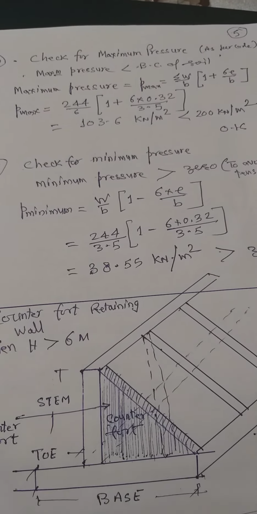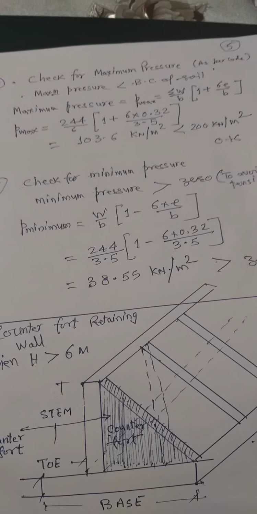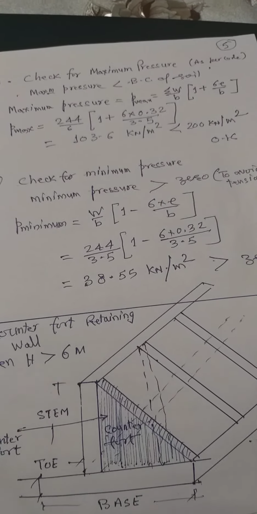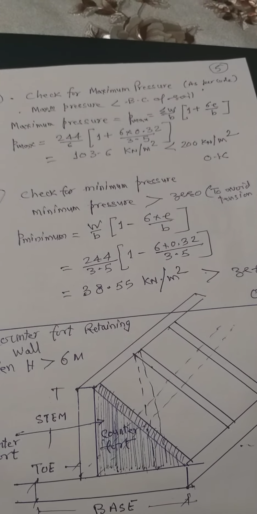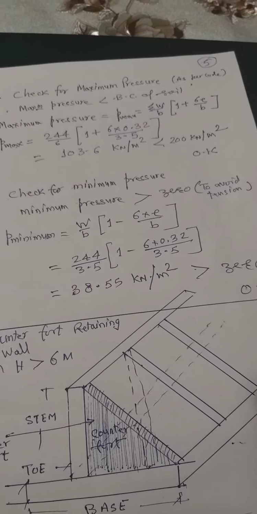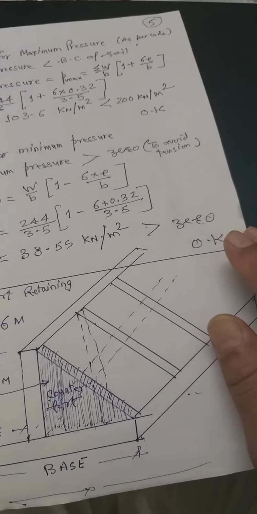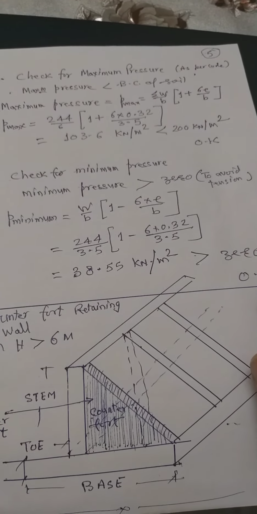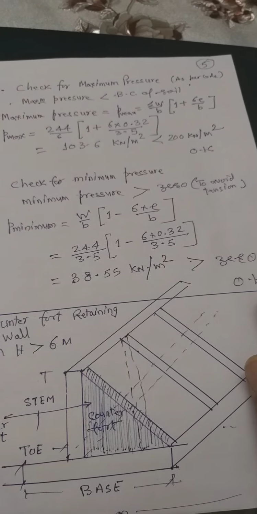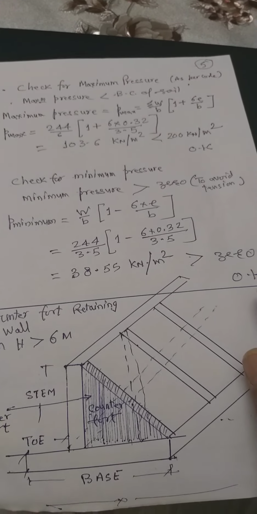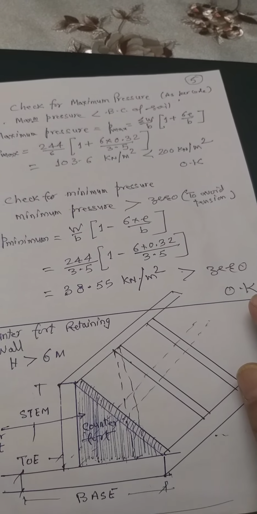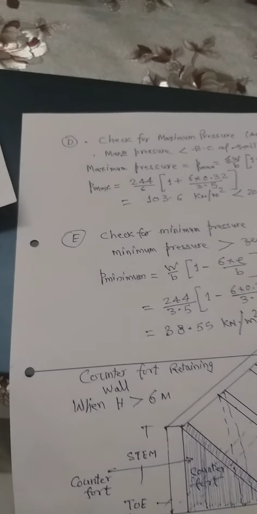How to calculate the maximum pressure? The P maximum can be calculated as sigma W upon B into bracket 1 plus 6E upon B, where sigma W is nothing but 244 and B is nothing but 3.5.